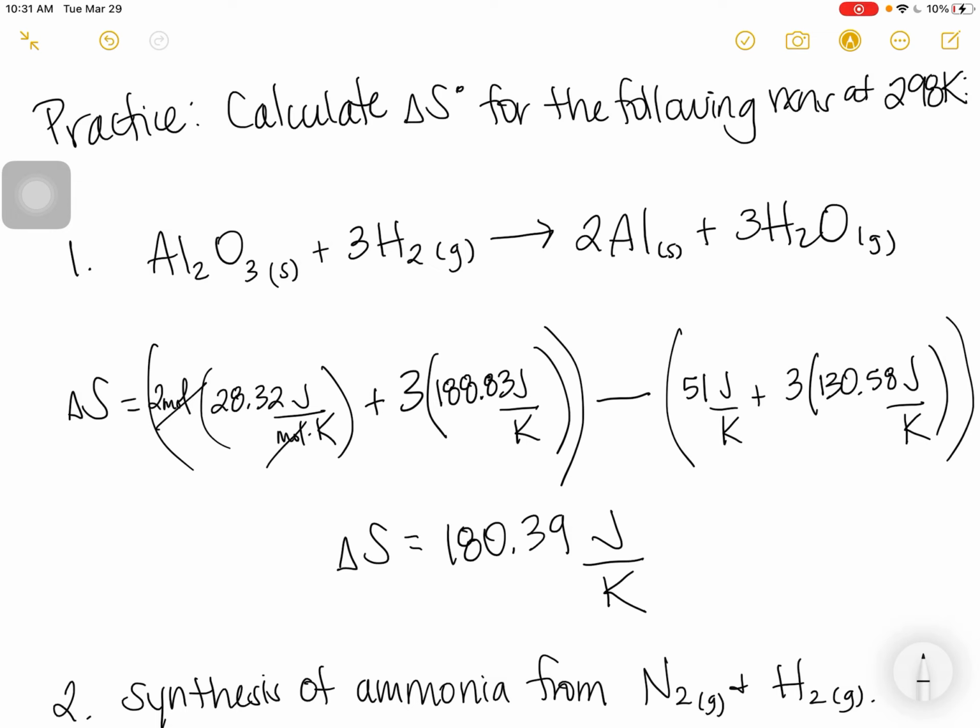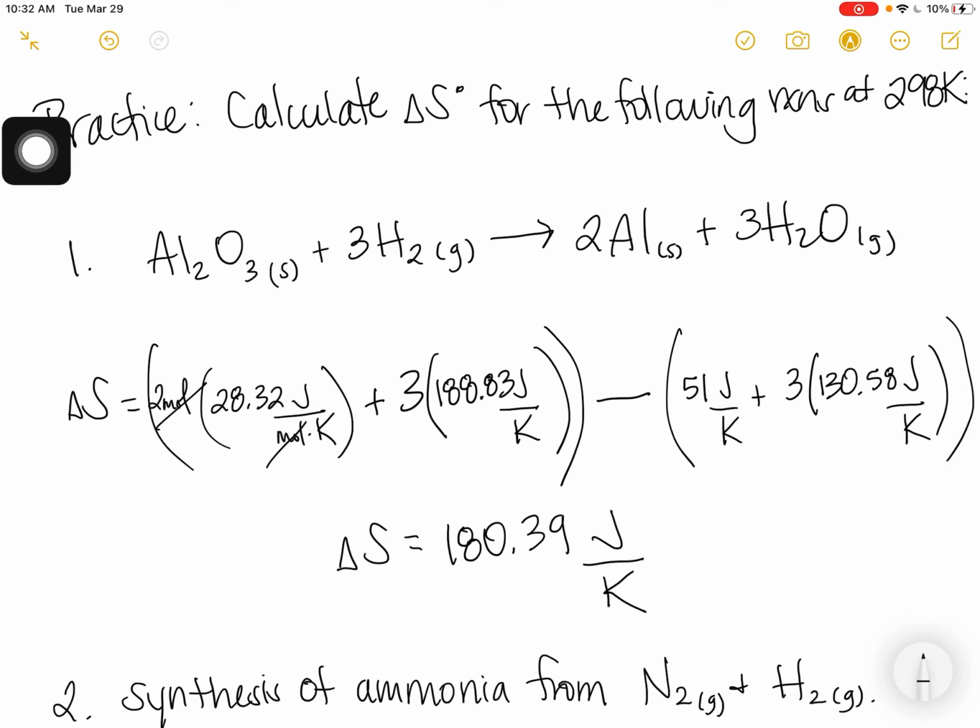And we can talk about a couple things here. It's positive. And so most of the time we would go back up to my reaction and we would say, hey, does that make sense? Entropy should be increasing. And you might actually say, you know what? I'm not sure I could have predicted that. And here's why. A solid and a gas, and you're making a solid and a gas. Well, I had 1 mole of solid, but I make 2 moles of solid, but I started with 3 moles of H2 and 3 moles of water.